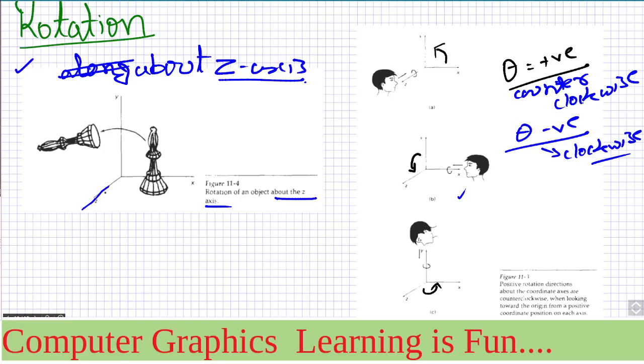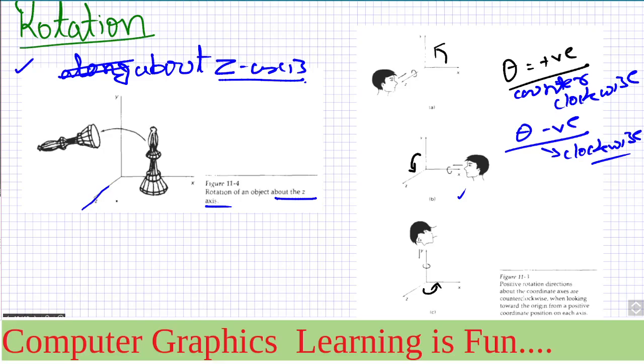Now what we have to see in rotation of 3D objects is the three ways of rotation. Earlier in 2D rotation we had just one formula, or one matrix, for rotation.